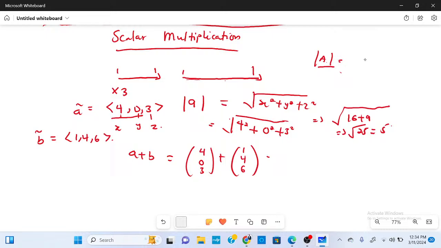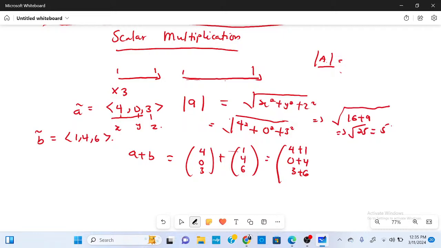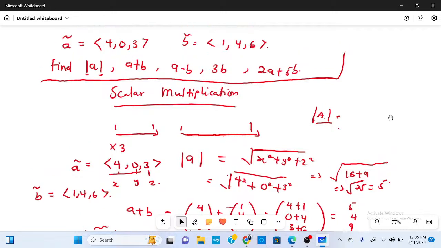And this is equal to, we add the corresponding components. So the x component, which is 4 plus 1, 0 plus 4, then 3 plus what? 6, right? So this will simply give me 5, 4, 9. So vector A plus B is simply equal to <5, 4, 9>, like this. So these are the basic arithmetic operations we use under vectors.